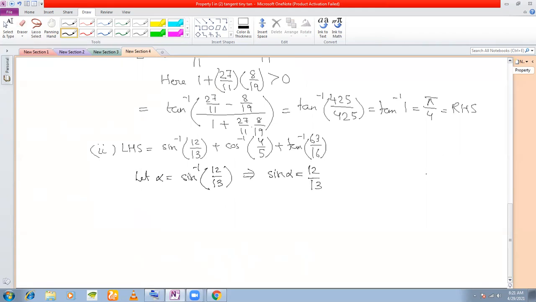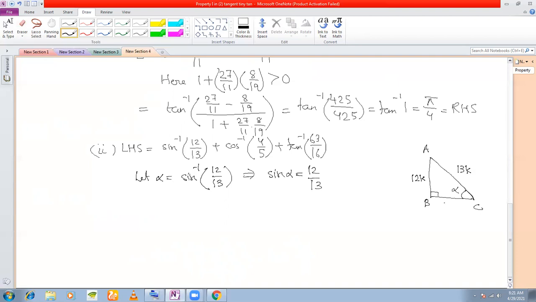Draw the triangle. In this triangle, sine theta is perpendicular by hypotenuse. Let us take this as alpha. This becomes 12k. This becomes 13k.